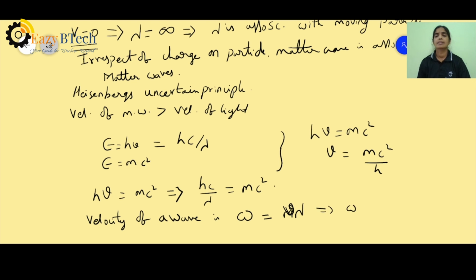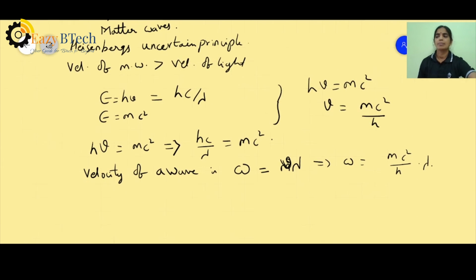This implies the velocity of matter waves is mc square by h into lambda. With lambda written as h by mv, where v is the velocity of the particle, I have mc square by h into h by mv. So what will happen? It will be c square by v.